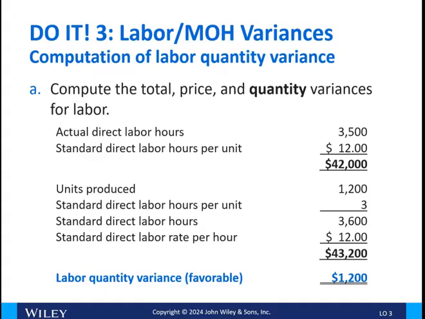So our standard hours at our standard rate, $43,200. Our standard is higher than our actual, so we say we have a favorable variance of $1,200. Okay, it took us 100 hours less time to complete those 1,200 units than what we had set in our standard.